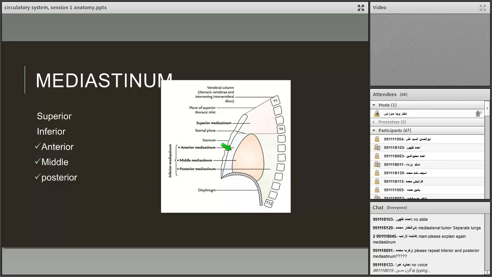The middle mediastinum is the place of the heart, and the posterior mediastinum is between the heart and vertebral column. And as you see, the heart is placed on the superior surface of the diaphragm.